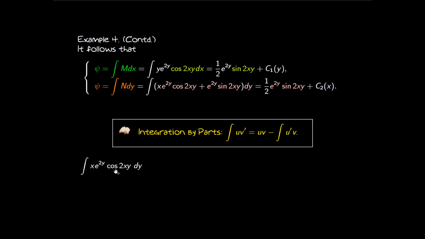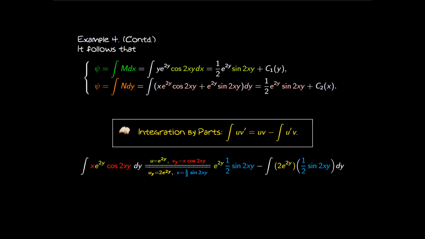Essentially, you have just two factors that depend on y, so you can try to make one as your u and the other one as v prime. So you have only two options. And it's not very difficult for us to say that if we set up u as e to the 2y and v prime as x times cosine 2xy, it will work.